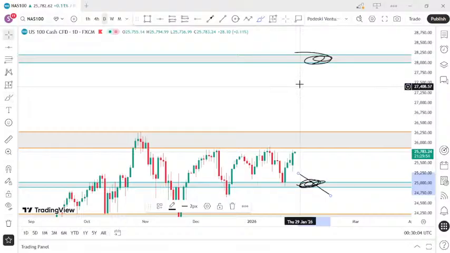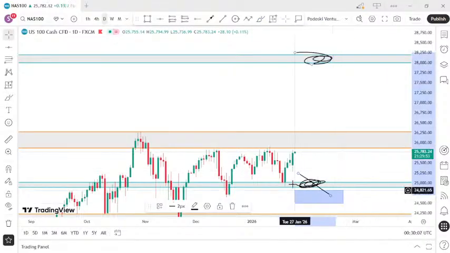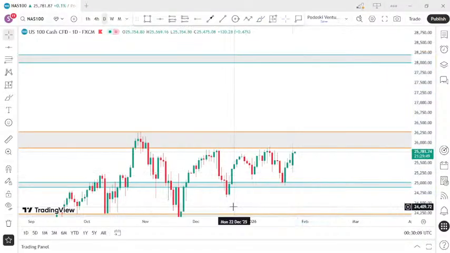So if price is moving to the upside, you are going to look for a buying opportunity. As we said on the monthly, you are still going to be looking for a buying opportunity.